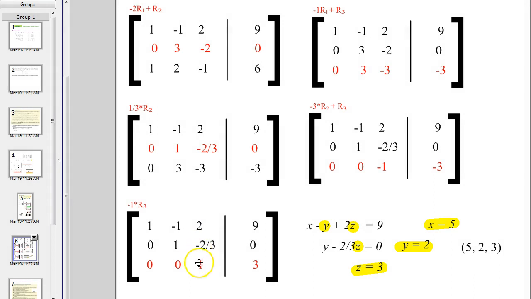And when that takes place, instead of just having one variable solved for, we've actually got all 3 solved for, because if this is a 0 and this is a 0, then this top equation just ends up being x equals this number. And if this is a 0 and this is 0, then this is y equals this number. And then this would be a 0, 0, and a 1, meaning z equals this number.